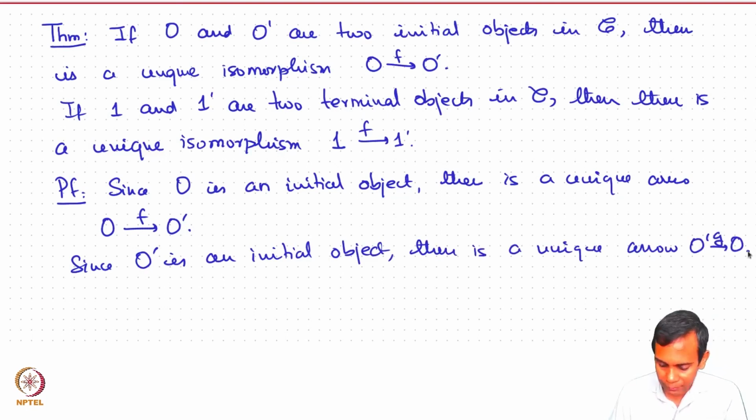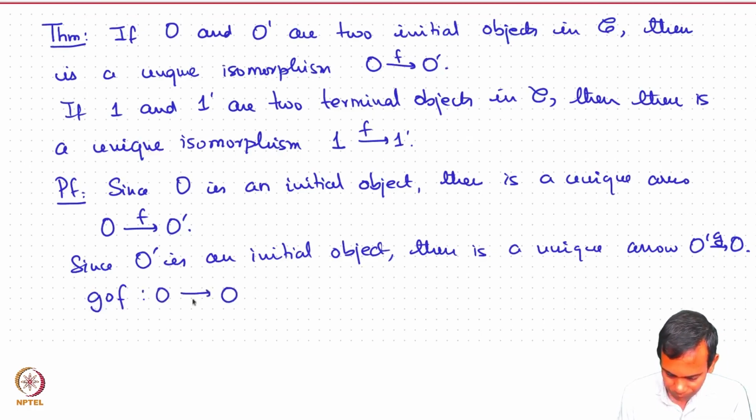Now I want to claim that g is the inverse of f. Now g circle f is an arrow from where? f goes from 0 to 0 prime and g goes from 0 prime to 0. So g circle f is from 0 to 0.